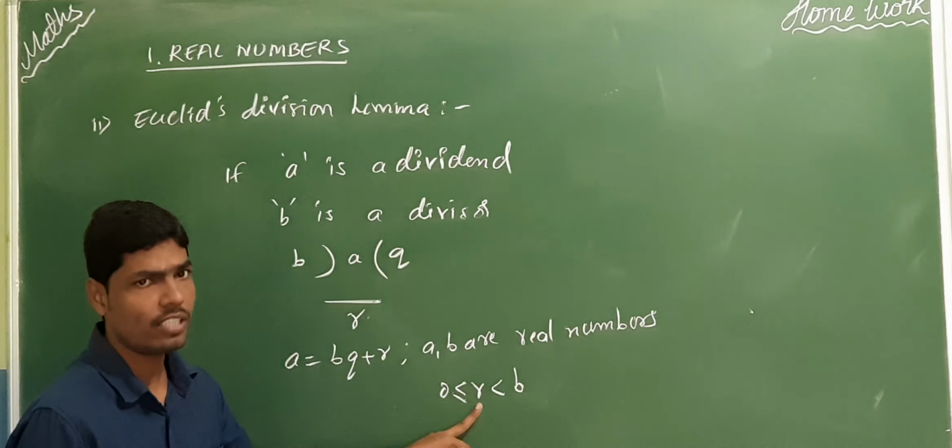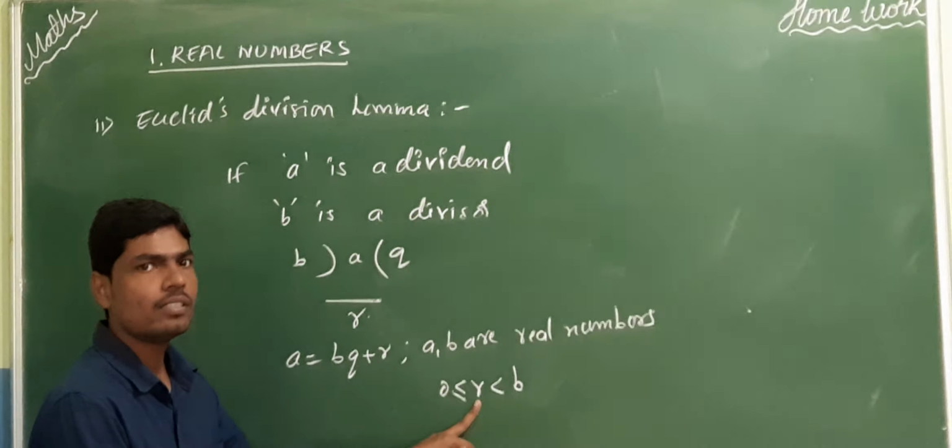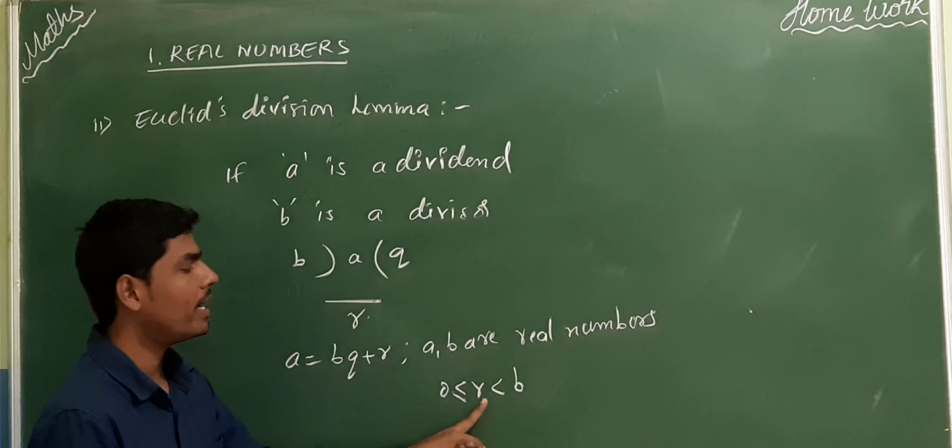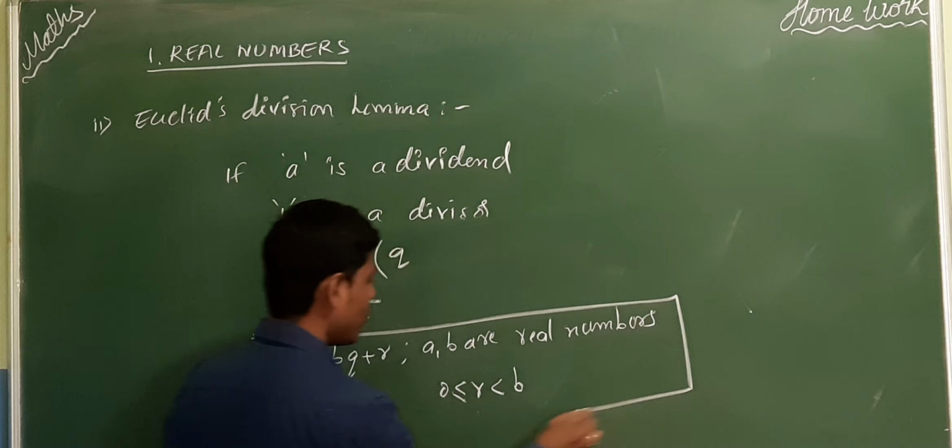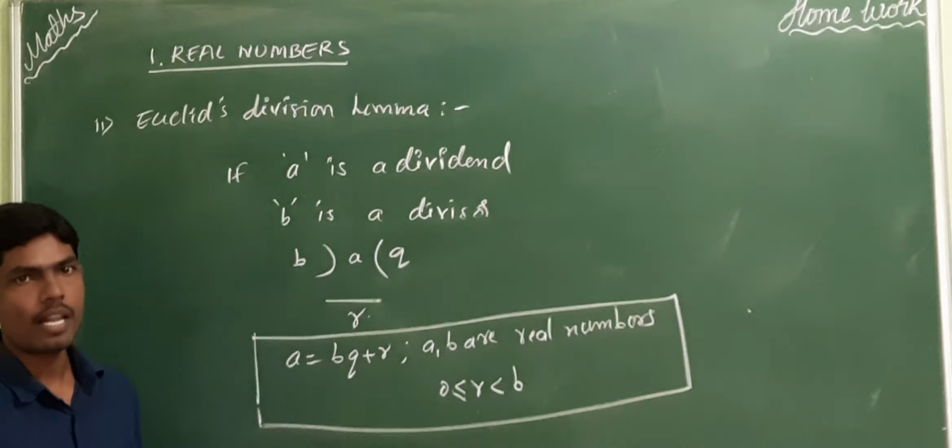Sometimes you will get remainder 0 also, but it should be equal to 0 or more than 0. And this is the statement of Euclid division lemma.